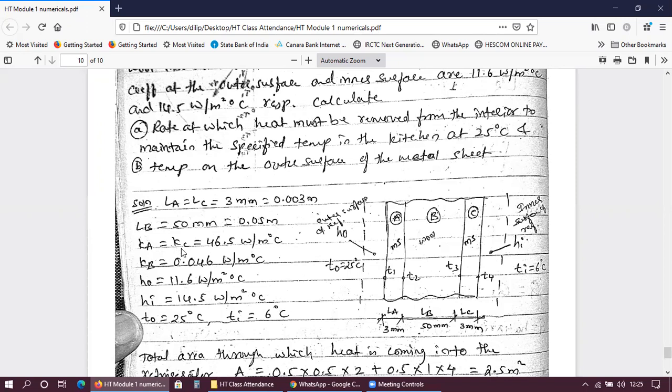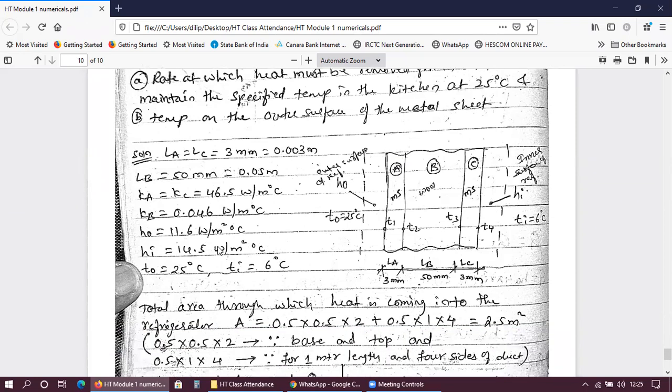Ka is equal to Kc because both A and C are the same. Both are MS sheets, so they have a thermal conductivity of 46.5 watt per meter degree Celsius.